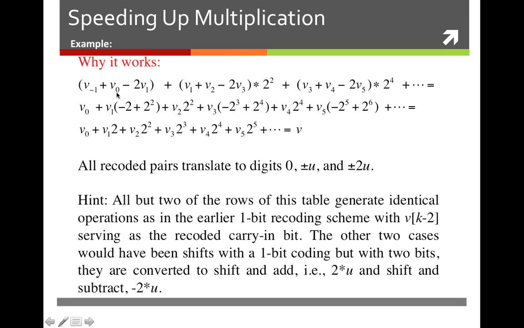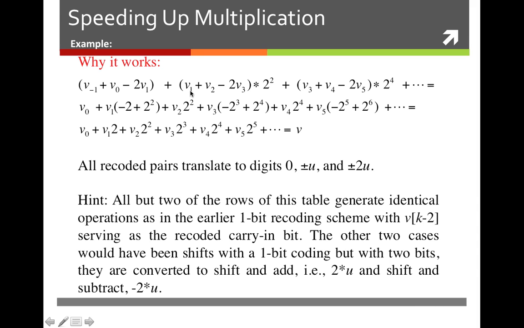So now you have V0 and minus 2 times V1, and you look at this representation, and you have 2 squared times V1, that's 4V1, minus 2V1, that means 2V1 in the end.